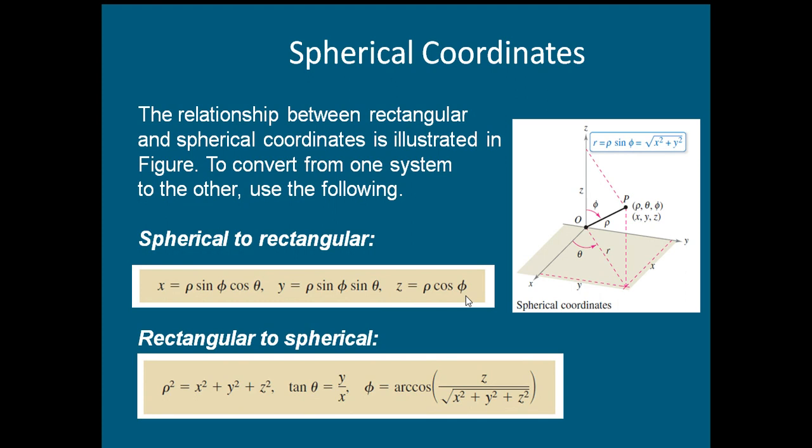That is the reason students generally don't like spherical, because at least in cylindrical z was z. Here you have to convert z also. However, when we do some problems in electrostatics you will see that things become very much simpler when we go for spherical or cylindrical than rectangular.